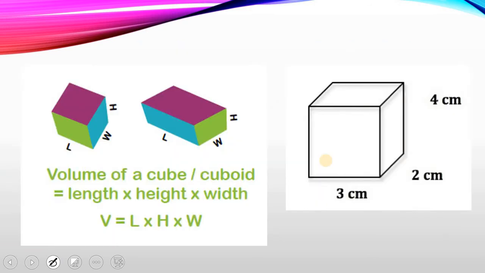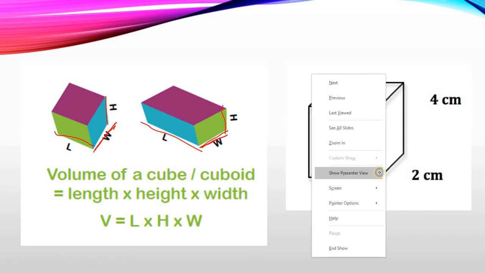So macam mana rupa dia? Here. Contohnya you have length times width times height. Panjang darab lebar darab tinggi. Panjang darab lebar darab dengan tinggi. Width adalah lebar. So here we have also length.